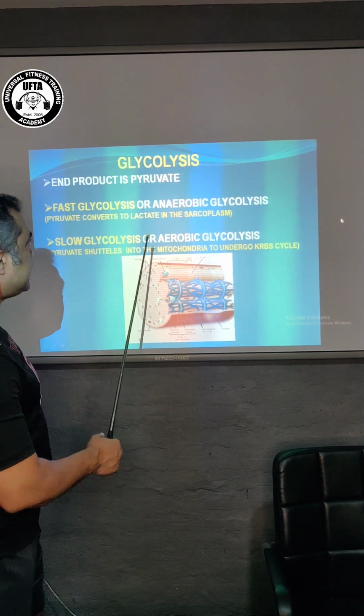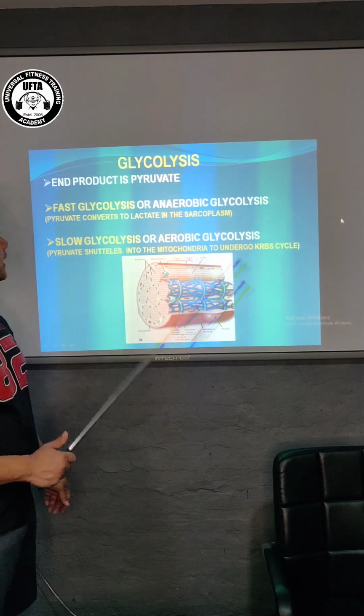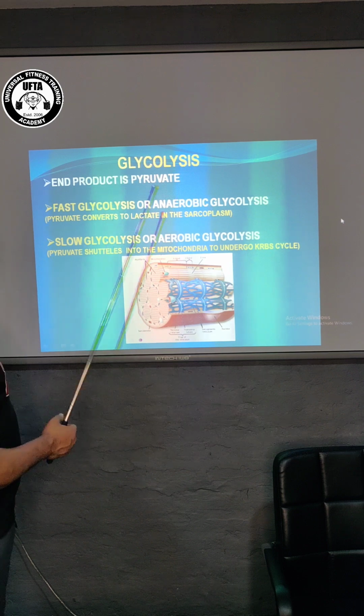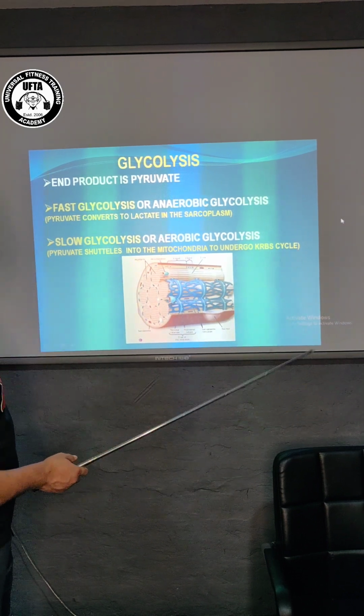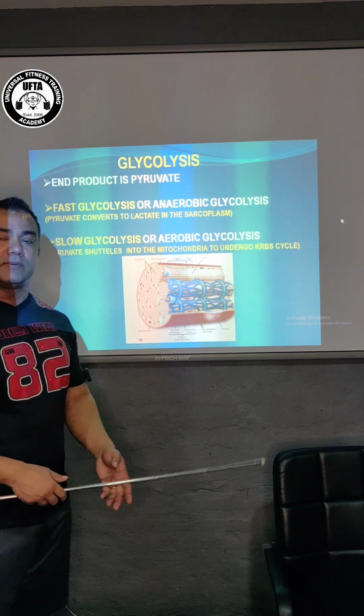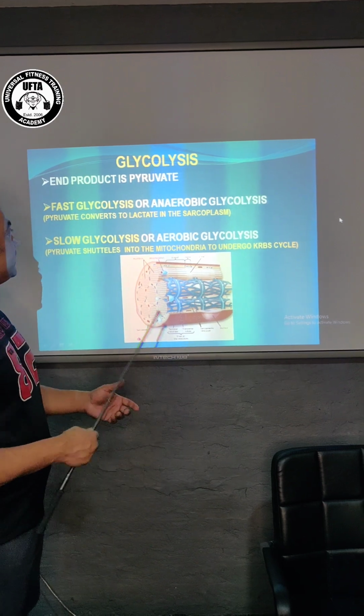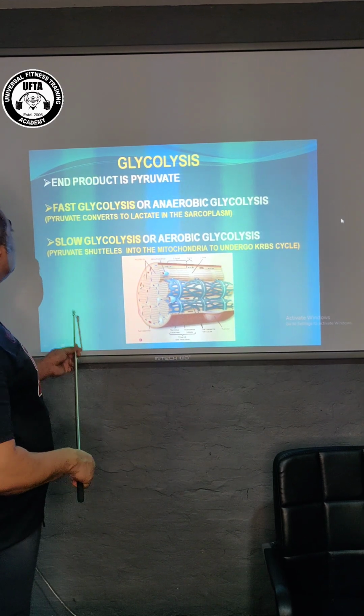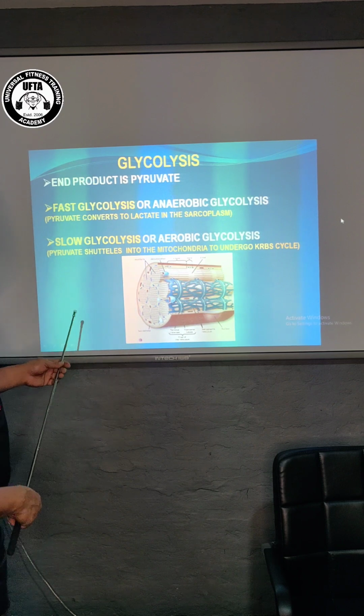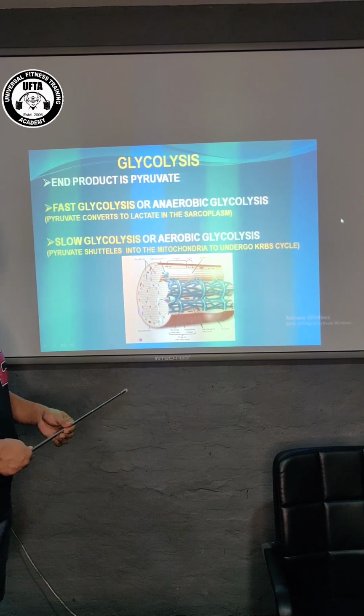Here you can see that during glycolysis, the end product is pyruvate. After carbohydrates are broken down into glucose, they convert into pyruvate. This mechanism is called fast glycolysis, or anaerobic glycolysis.